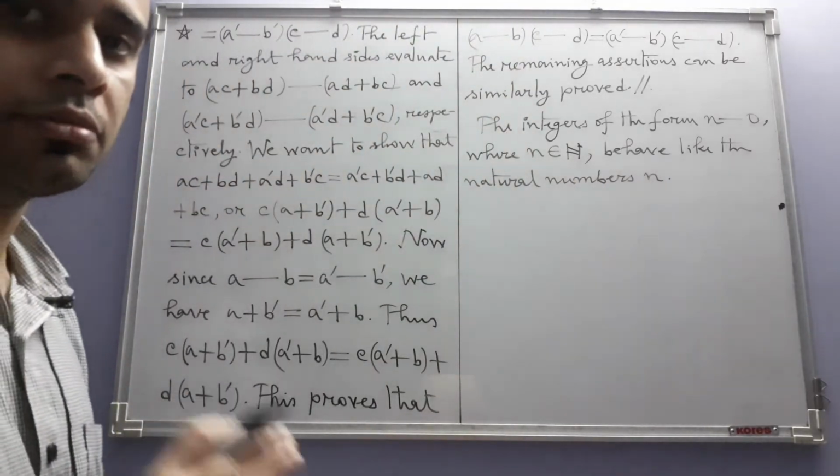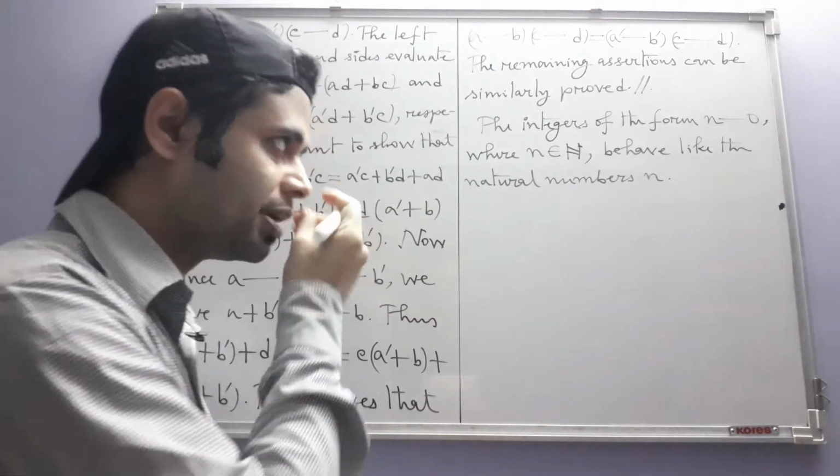In what sense are we saying that integers of this form behave just like n?